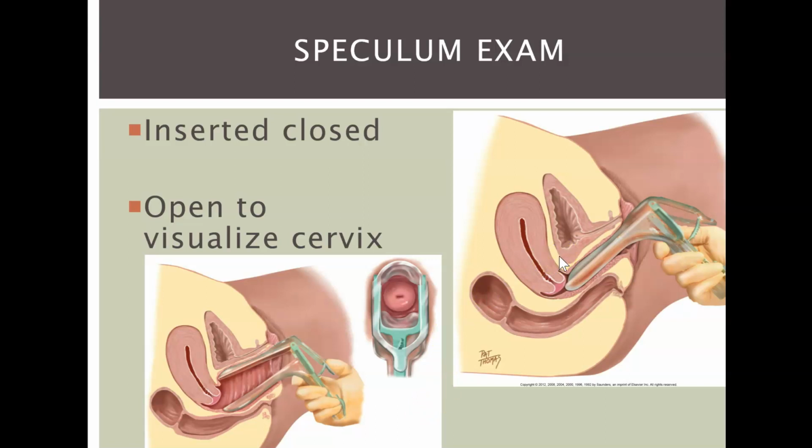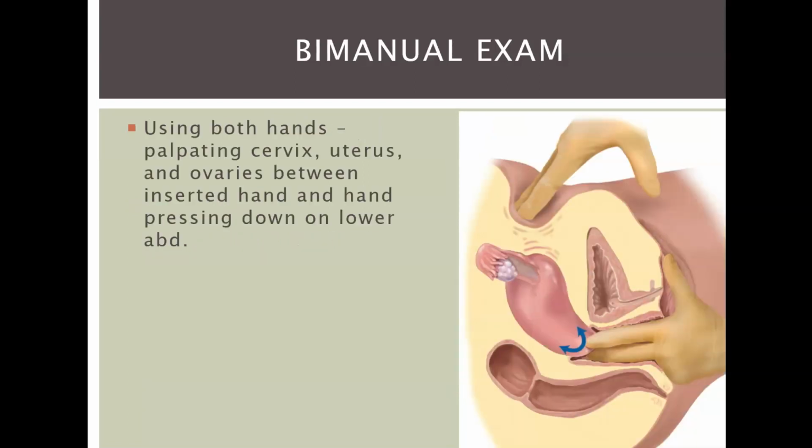You can also give a person a mirror if they want to see what's going on during that inspection. And also make sure the speculum, they're using more plastic ones now, has lube on it. Make sure the speculum is not too cold, because they used to use the metal ones, but they don't use those anymore.